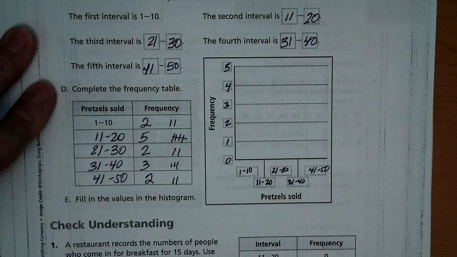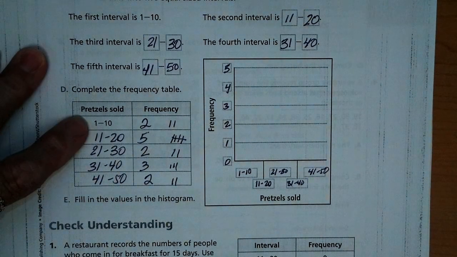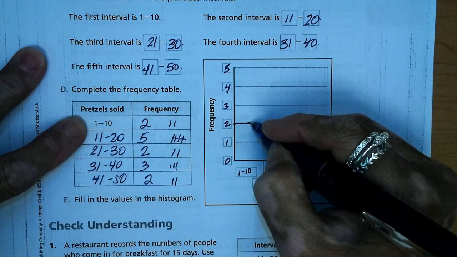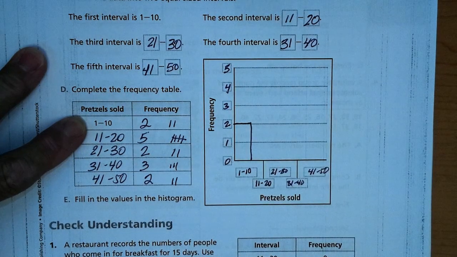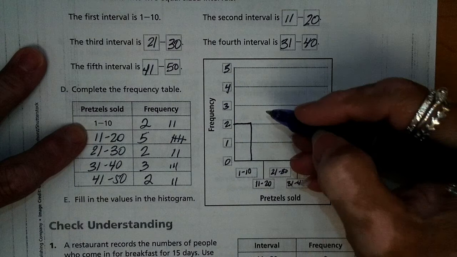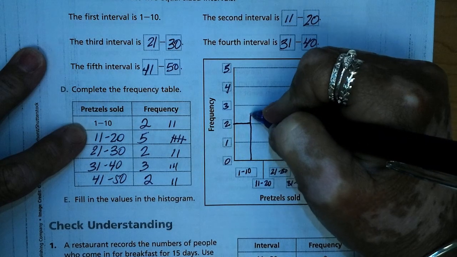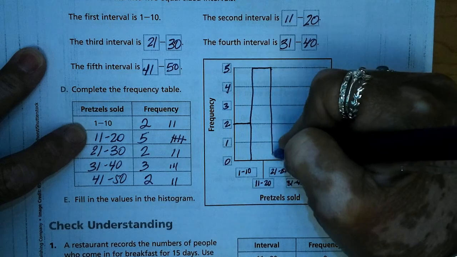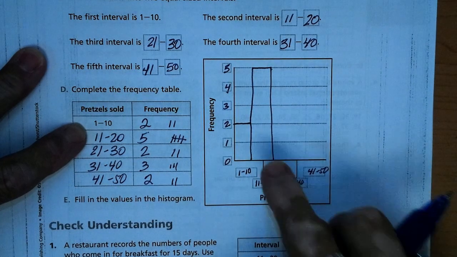All right, and then you just draw your bars. So 1 to 10 would be 2. So there's that one. 11 to 20 is 5. So what I usually do is I just connect it to that part of that box there.